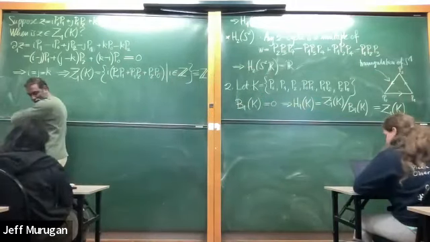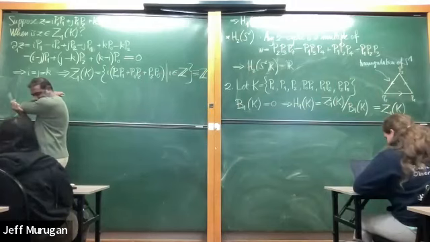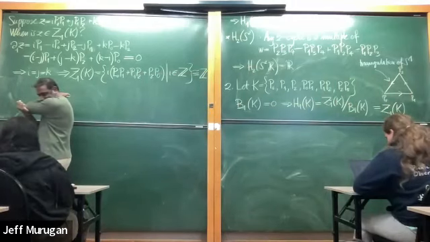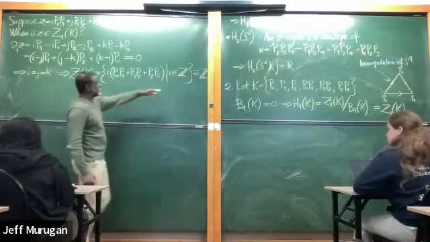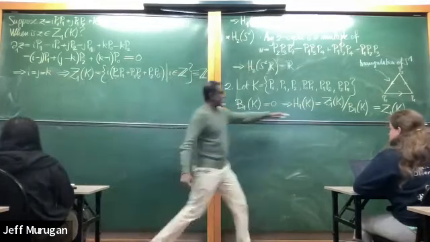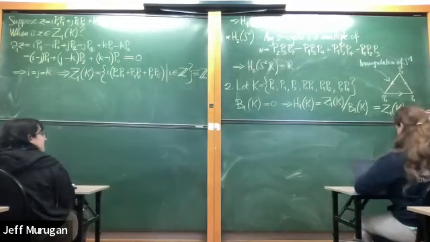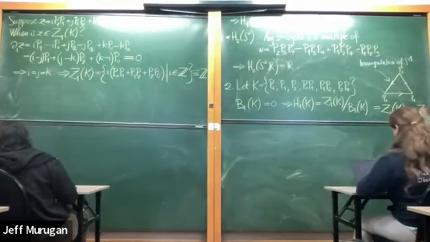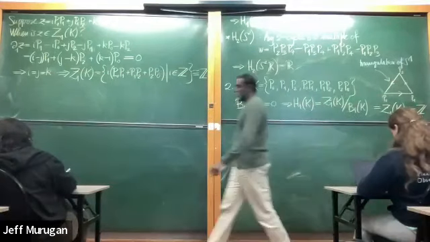Okay, so we've calculated then. From this, it's telling us that H1 of K must be Z. Okay. What about H0?